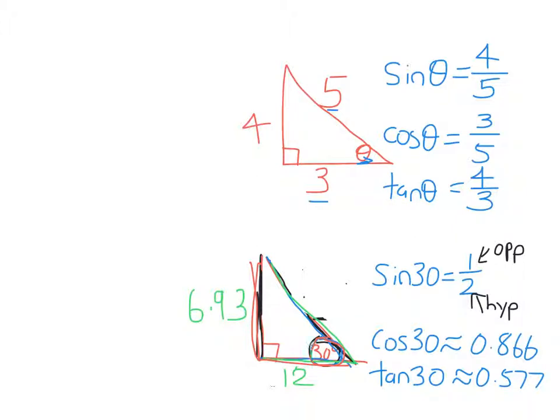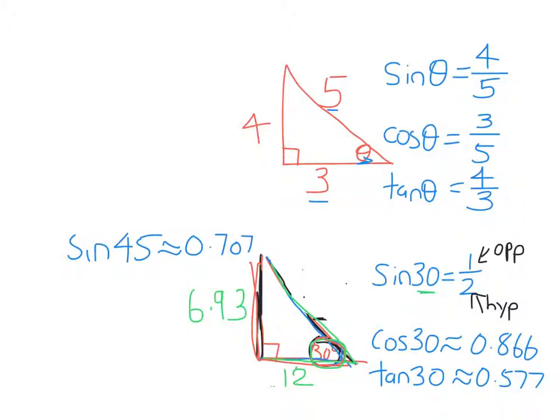So that's what happens. If we fix the angle, if we know the value of the angle, that determines the ratios of the sides in the triangle. If we change this to another value, we get a different value for the ratios. If I change it to, say, 45, so I know, for example, that sine of 45, if I put that on my calculator, so once again, you've got to be in the right mode, let me know if you're not, you should get about 0.707.